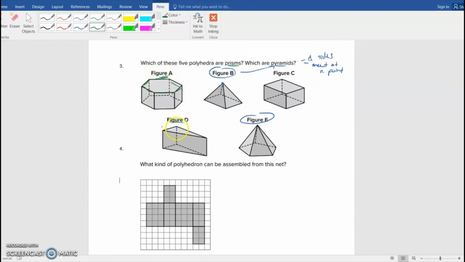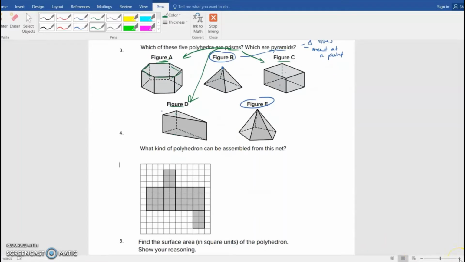Figure D looks like it has 2 triangles that are the matching bases, and then it's got 3 sides, 2 being rectangles and 1 looking like a square. So this would be a triangular prism. And then figure C looks like it's composed of bases that are rectangles, so this would be a rectangular prism. So figure C, A, and D would all be the prisms.